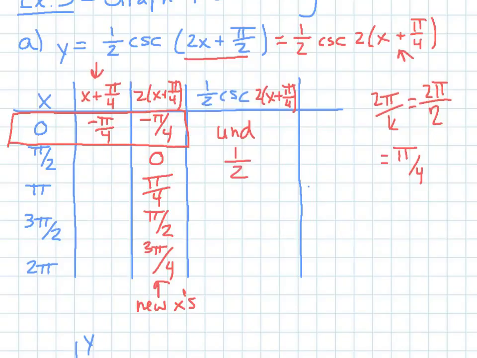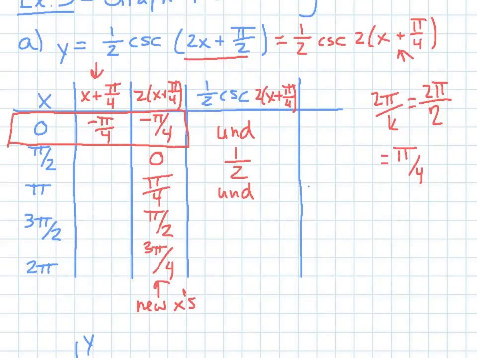Plug in pi over 4. Pi over 4 plus pi over 4 gives me pi over 2. Times 2 is pi. Cosecant of pi is also undefined. Then pi over 2 plus pi over 4 gets me 3 pi over 4. Times 2 is 3 pi over 2. Cosecant of 3 pi over 2 was negative 1.